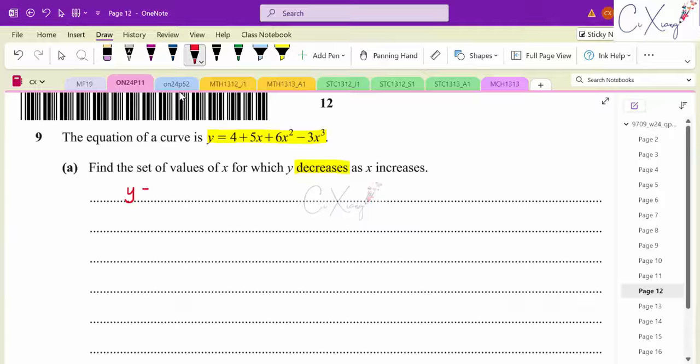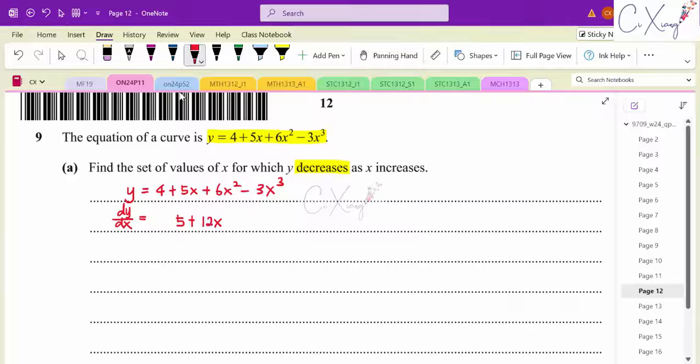I have y equals 4 plus 5x, and the rest of the terms in this equation. I need to find the differentiation, dy/dx, first. Differentiate 4, a constant, I get 0. Differentiate 5x, I get 5. Then differentiate 6x squared: the 2 you put in front, so 6 times 2, you get 12.